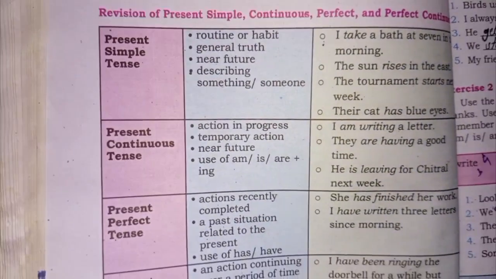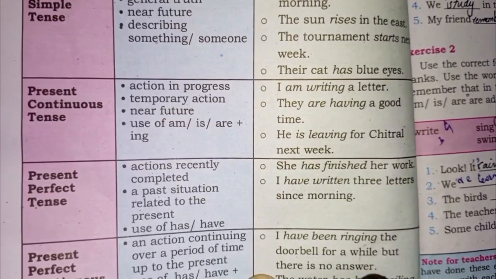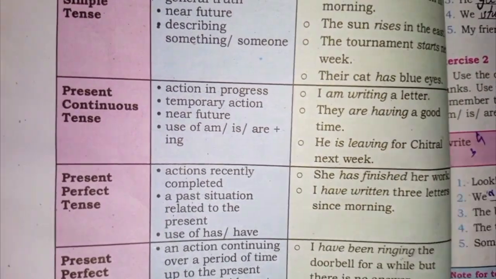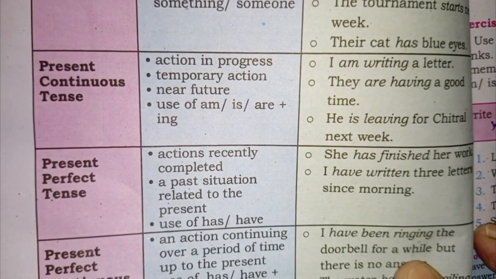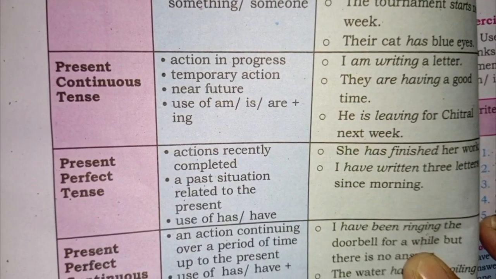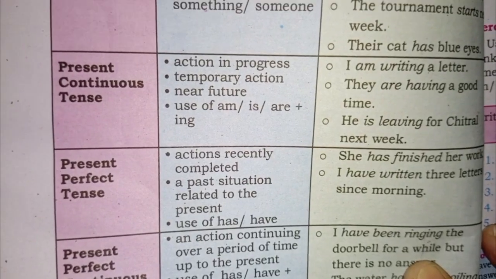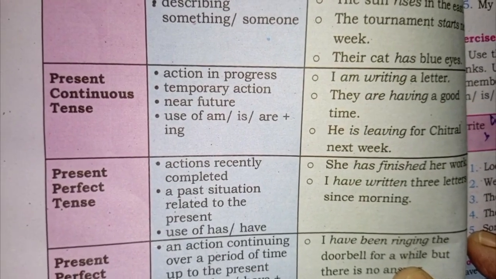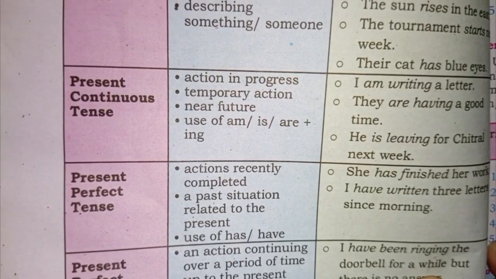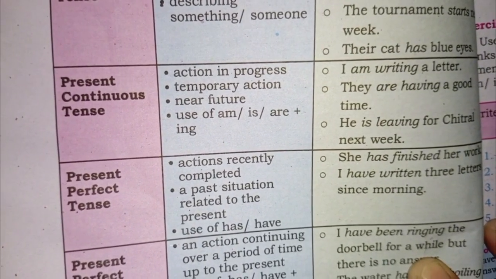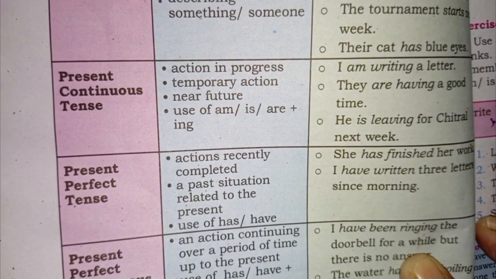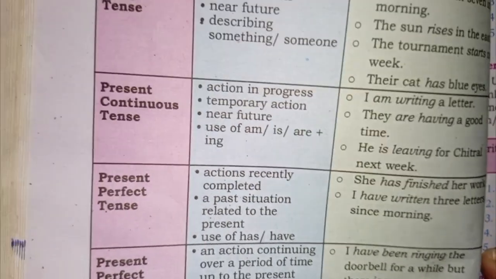Alright. And the present perfect tense, you know, always shows actions recently completed, means it shows completed actions that have just finished. A past situation related to the present. It also shows past situations that have some relation with the present.